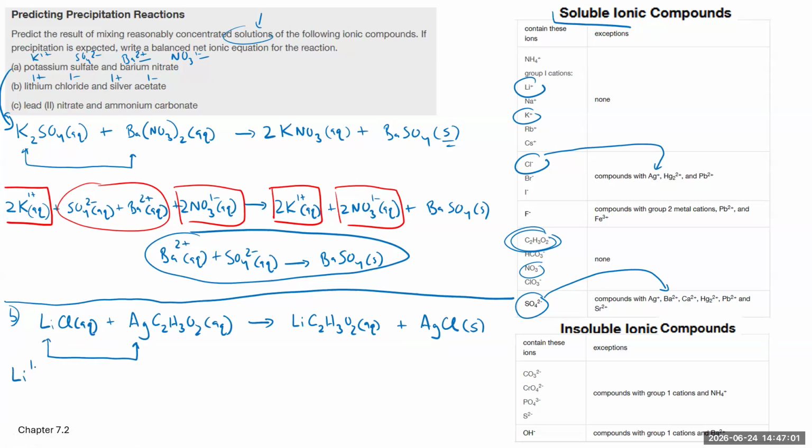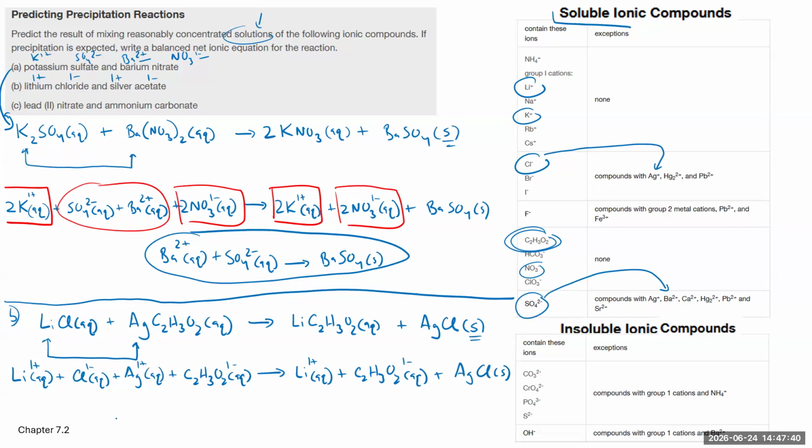Lithium 1 plus aqueous, plus chloride 1 minus aqueous, plus silver 1 plus aqueous, plus acetate 1 minus aqueous, makes lithium 1 plus aqueous, plus acetate 1 minus aqueous, plus, as this is solid, stays together, AgCl solid.